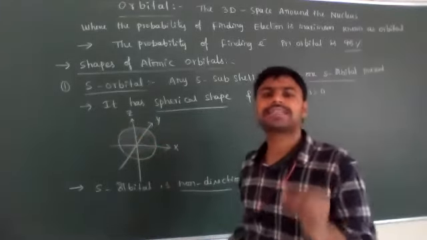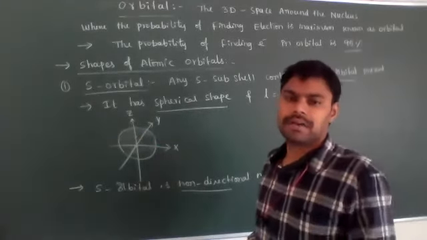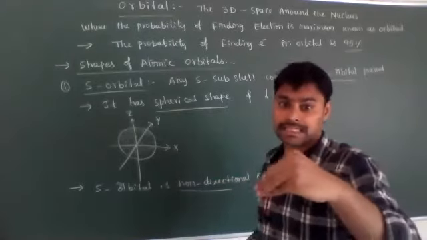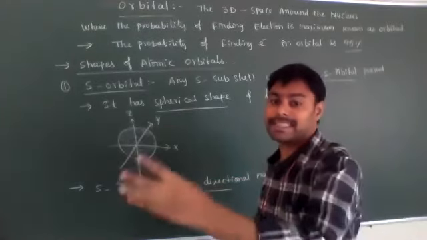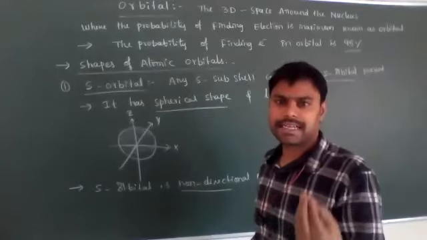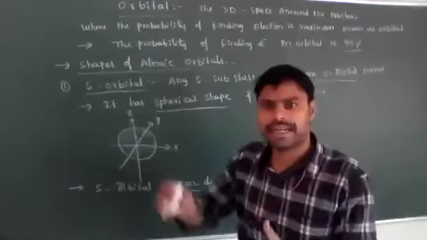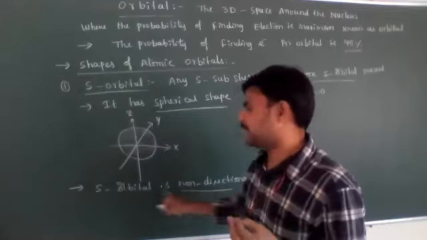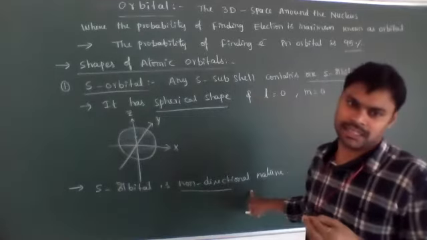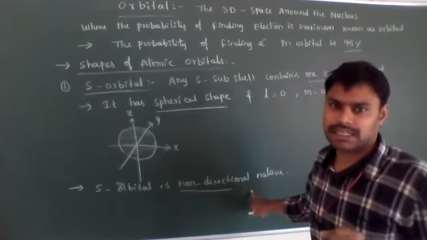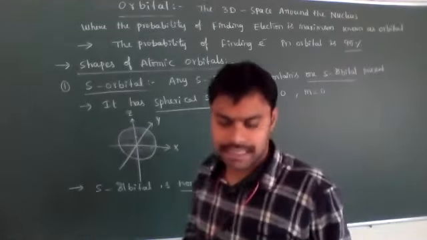But p orbitals have specific directions. Px means the lobes are present on the x-axis, Py on the y-axis, and Pz on the z-axis. That's why p orbital has directional nature, but s orbitals are non-directional. Understood? This is about s orbital.